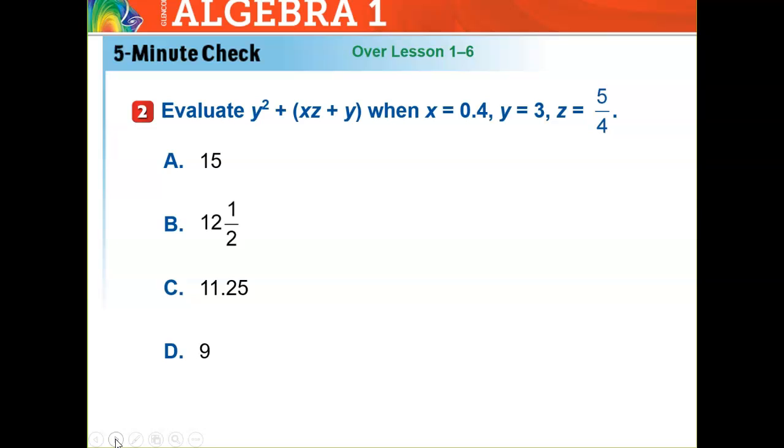So again, before I even used my calculator, I would rewrite this equation, plugging in all of the numbers.